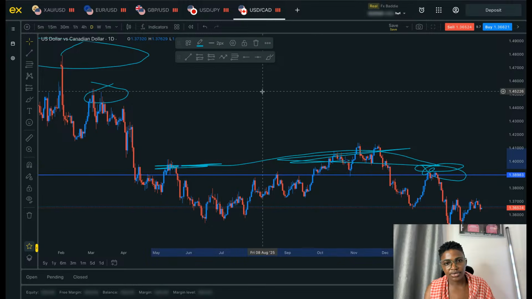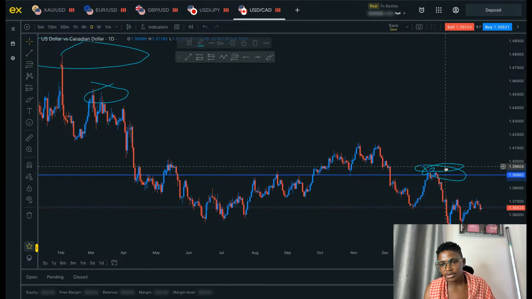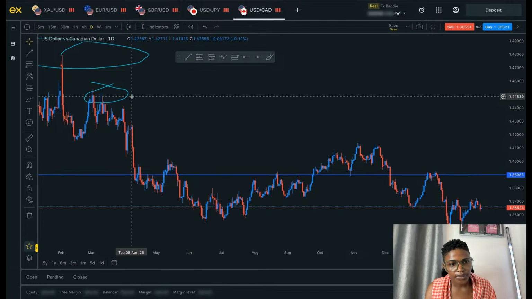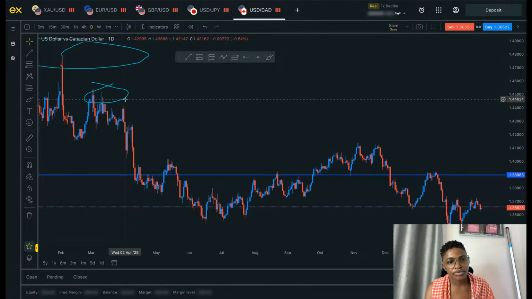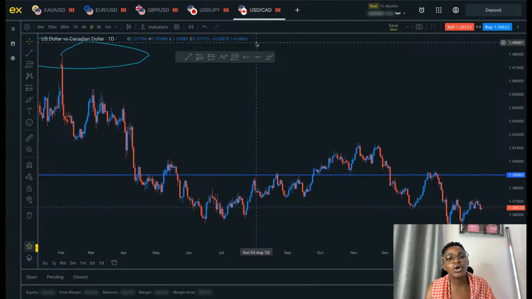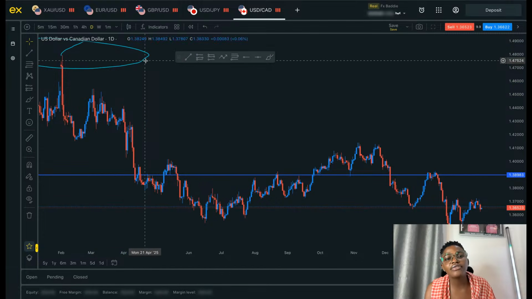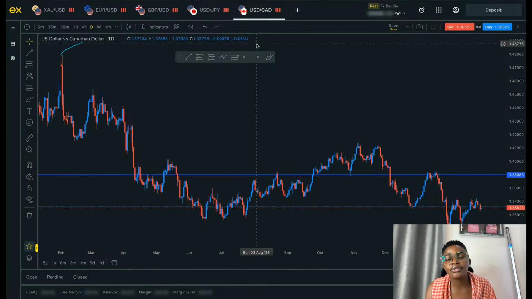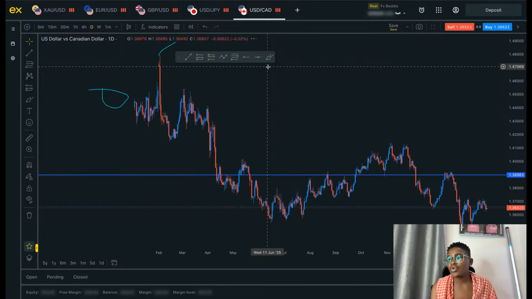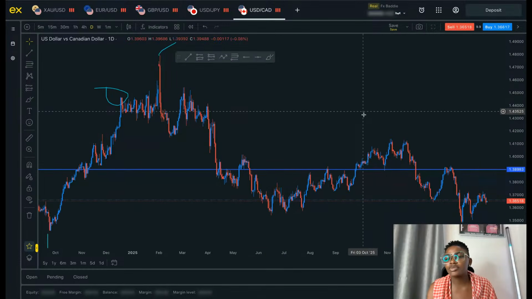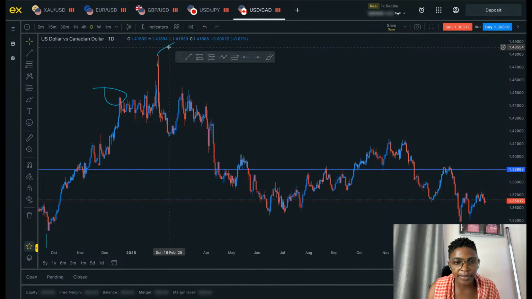I'll delete all of this because we'll draw new ones here. Delete it. Now, on the daily, what are we looking for? We are looking for key levels, levels that price has respected more than one time.